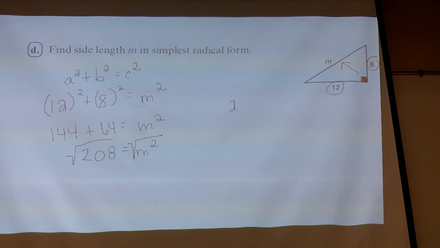I kind of love factor trees. 208 divided by 2, we could try that. 208 divided by 2 is going to give me 104. Okay, so I've got 104. I could try dividing 104 by 2. That's going to give me 52. Oops, that one's not prime.